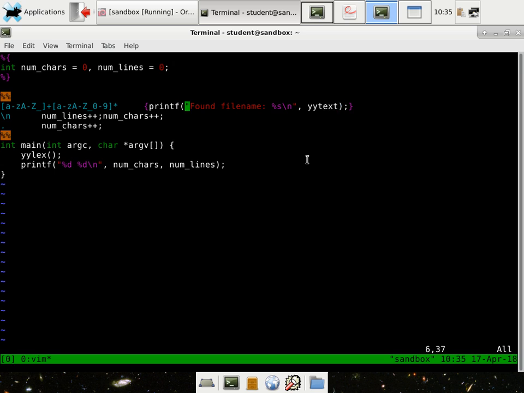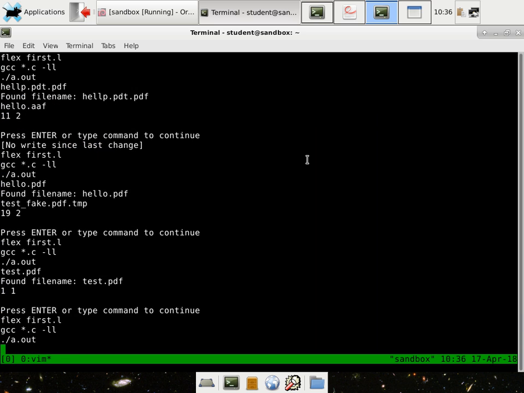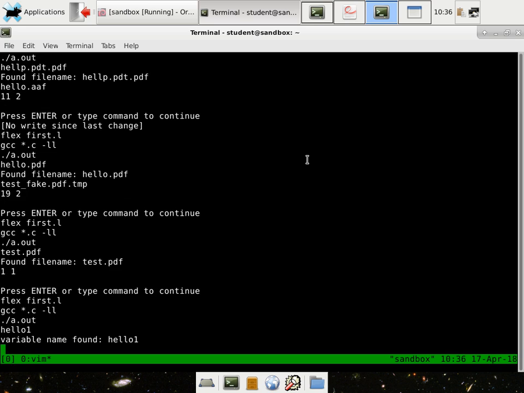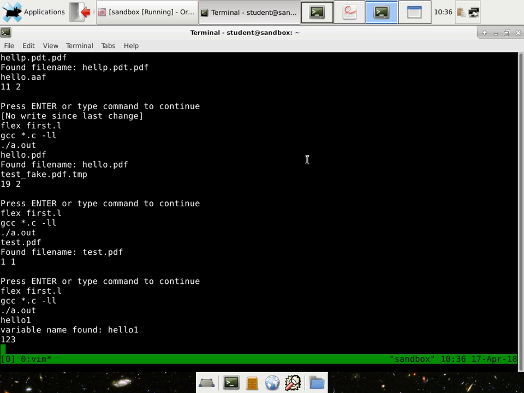Doesn't even need the plus actually, but that's right. It is a matter of habit, because I'm thinking it can start with any of these, followed by, okay, can only have that. It's just the way I think of it. So, variable name, but didn't find anything there. Okay, great.